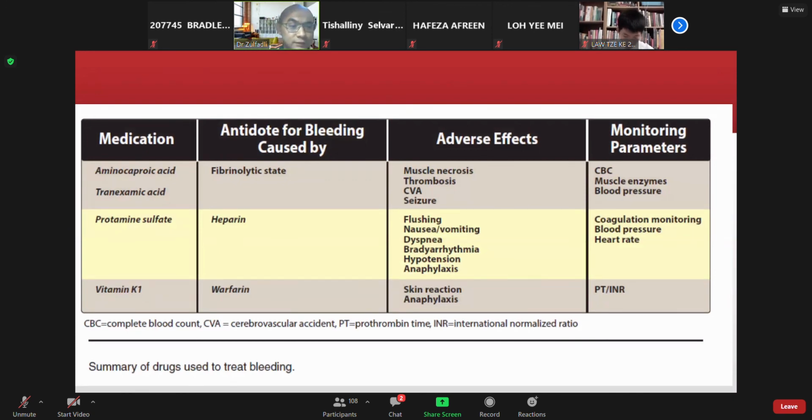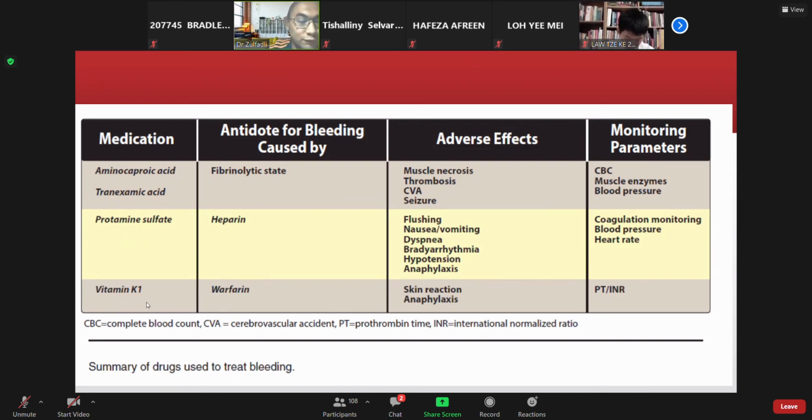These drugs are used to treat the bleeding caused by heparin. For example, we give protamine sulfate to the patient who has a bleeding adverse effect due to heparin.